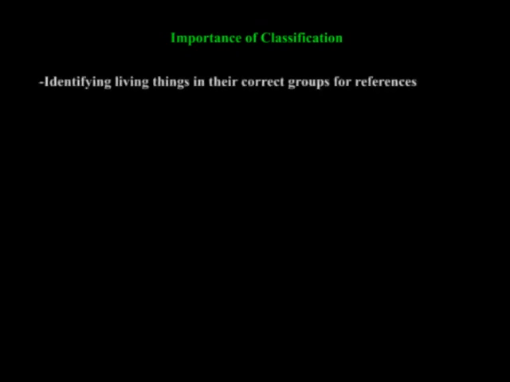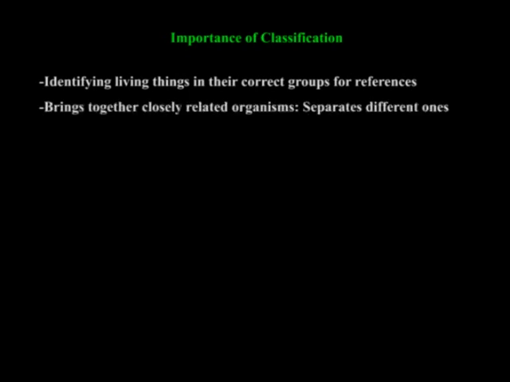So then what is the importance of this classification? Classification is necessary because of a number of reasons. It helps in identifying living organisms into their correct groups for references. Grouping also brings together living organisms with similar characteristics but separates those with different features.